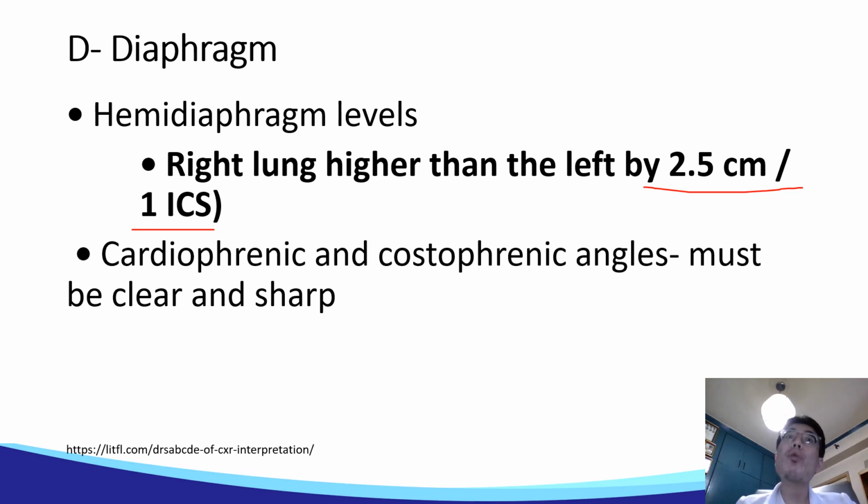Next, we also evaluate the cardiophrenic and the costophrenic angles, which should be clear and sharp. The cardiophrenic angle is the angle between the heart border and the diaphragm, whereas the costophrenic angle is the angle between the pleura and the diaphragm. More on that in our example later.